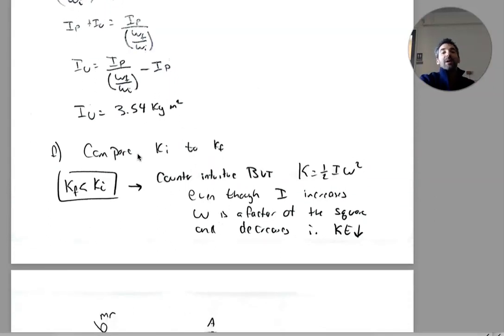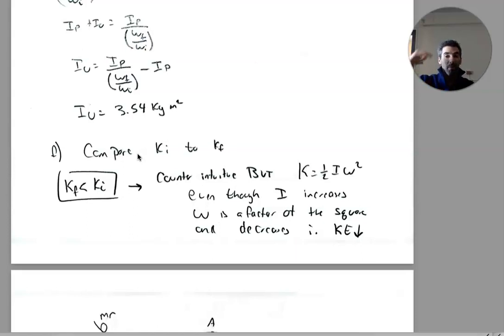Now, you know the mass is going up, and we know kinetic energy in theory, like linear or translational kinetic energy, is 1/2 mv squared. So you might think right away, mass is up, moment of inertia is big. Maybe that has to be a higher kinetic energy. But in this case, our kinetic energy is less. Why is our kinetic energy less?